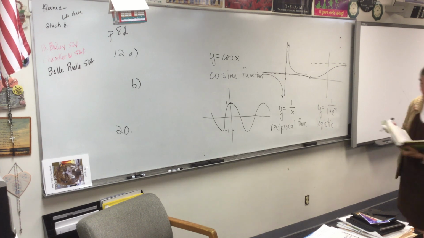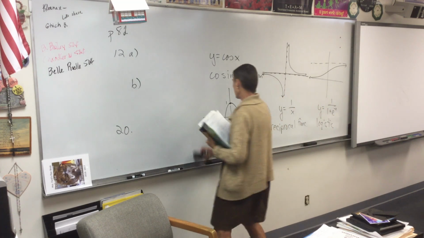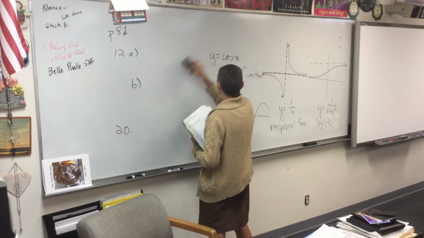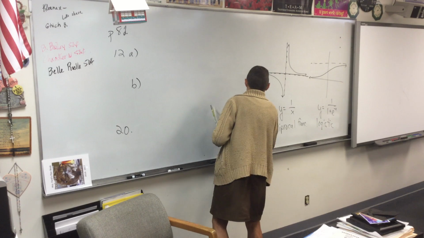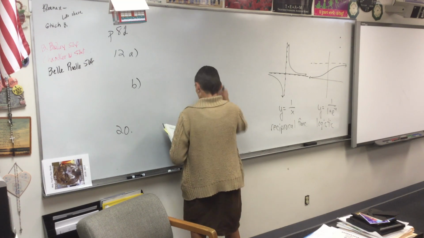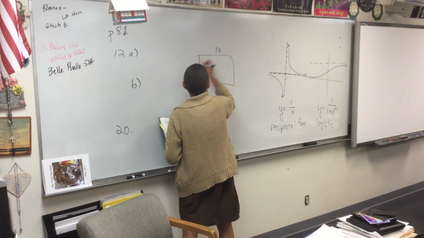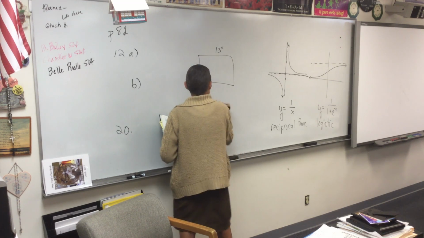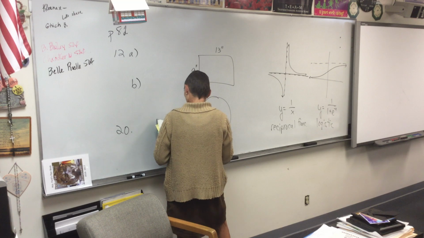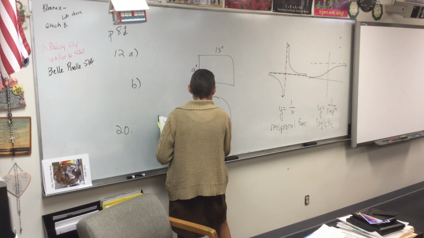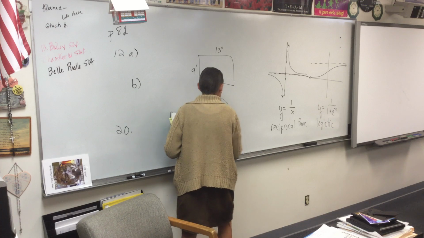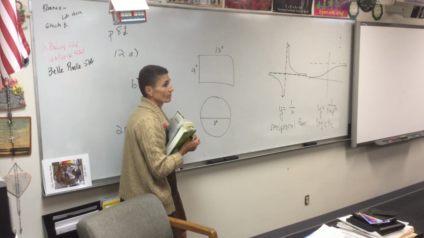Okay, and then number 20, last question. A bakery sells a 9 by 13 cake. Has nothing to do with this problem. It's a whole brand new problem. We have a 9 by 13 cake. And we're selling it for the same price that we're selling an 8-inch diameter round cake.